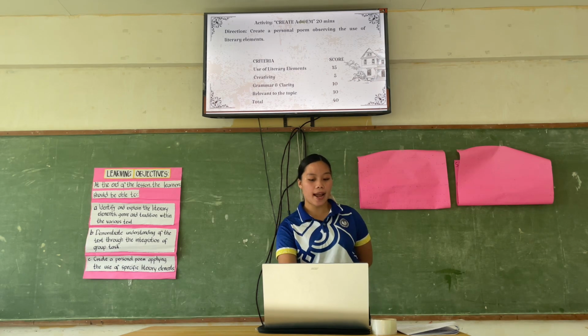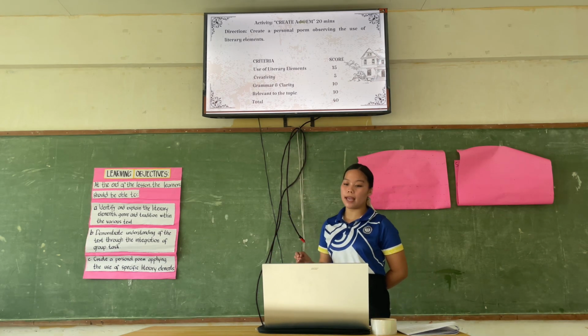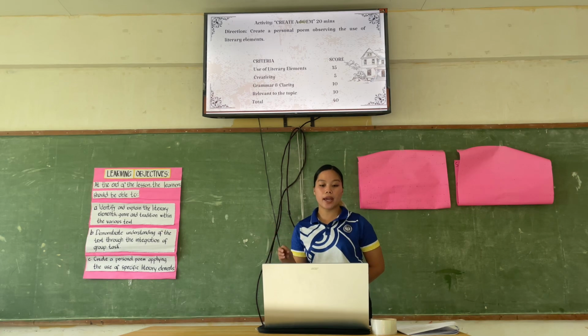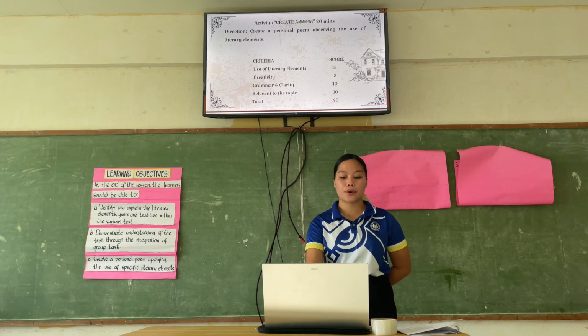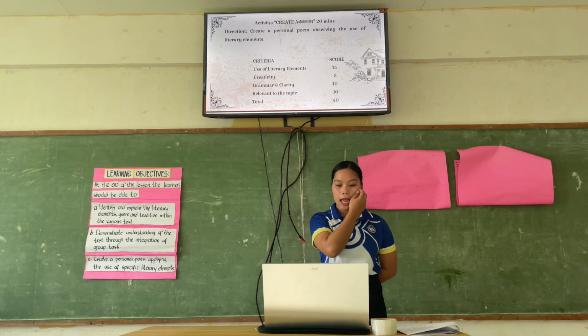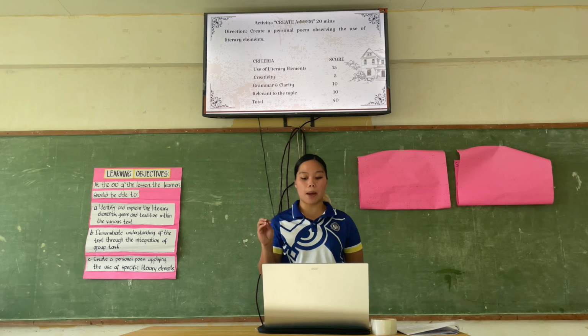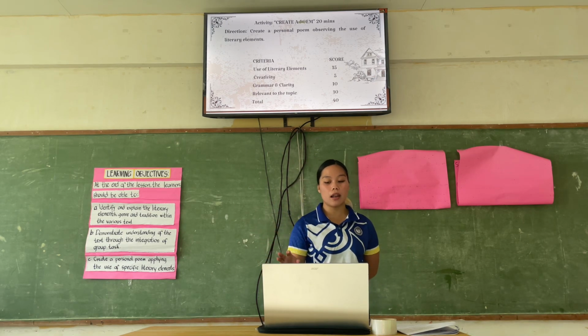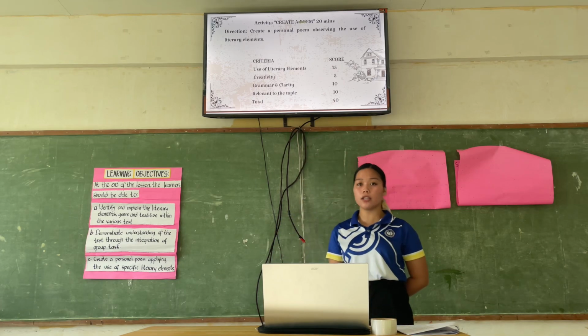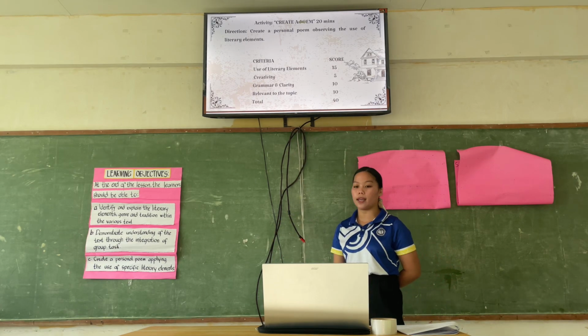Criteria: use of literary elements, 15 points; creativity, 5 points; grammar and clarity, 10 points; relevance to the topic, 10 points; total of 40 points. I will give you 20 minutes to finish your work.